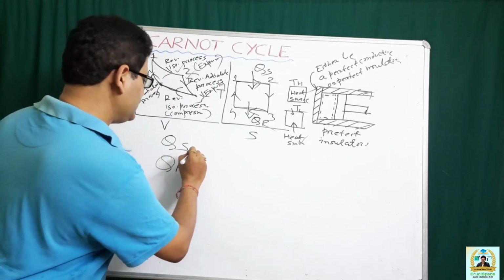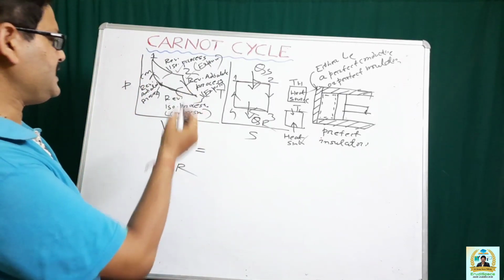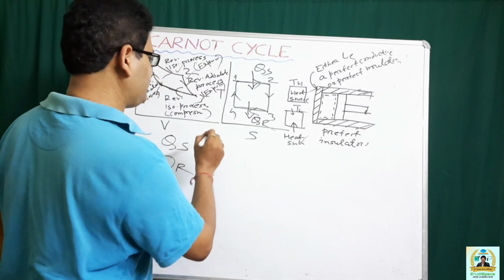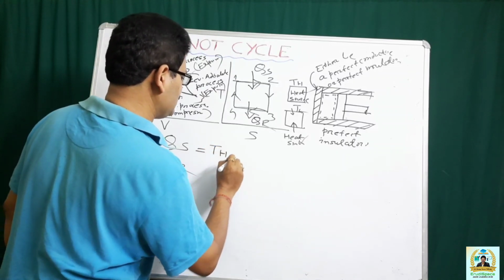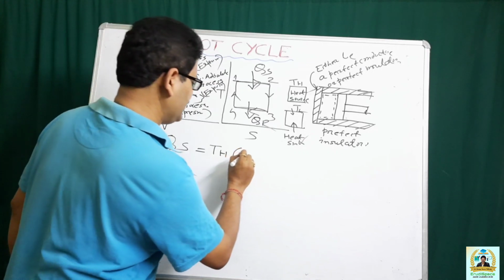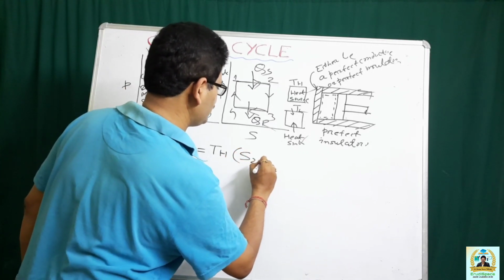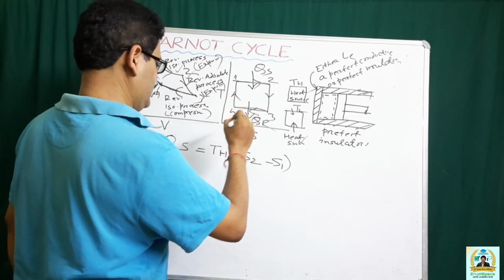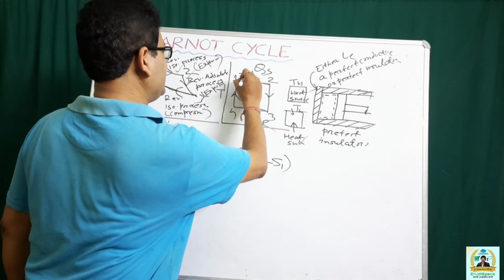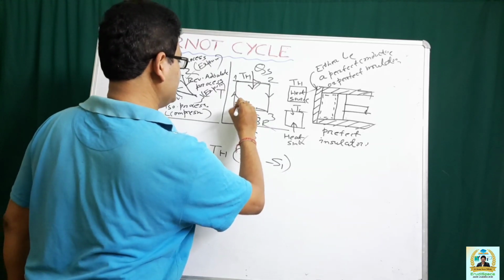Now, what is Qs? From the Ts diagram, you can represent Qs as Th into entropy difference, S2 minus S1. This is Th and this one is TL.